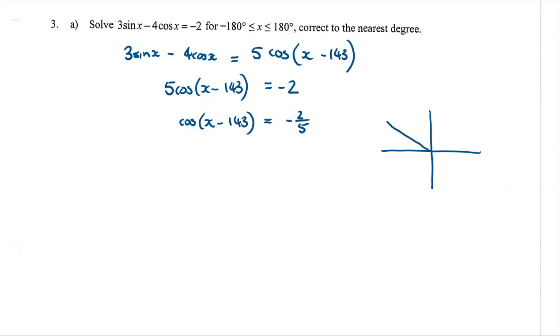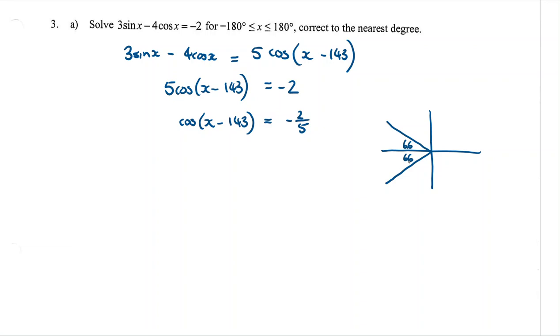Yes, 2 and 3. But be careful, it's going to be 66 degrees for our reference angle. We're solving between minus 180 and 180 though, so we actually have to go backwards in the bottom half of my all stations to central.